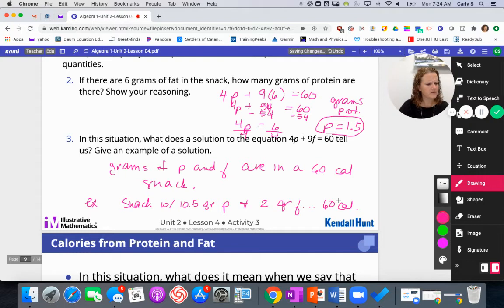Okay, make sure I got everything there. A pair of grams of protein and fat in the snack adds up to 60. Cool, we got it.